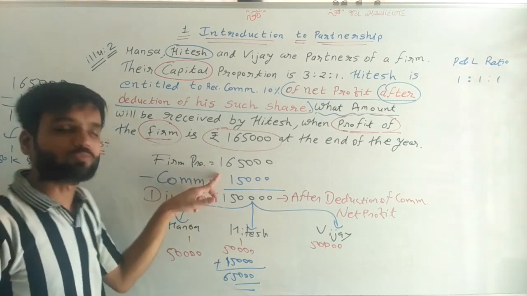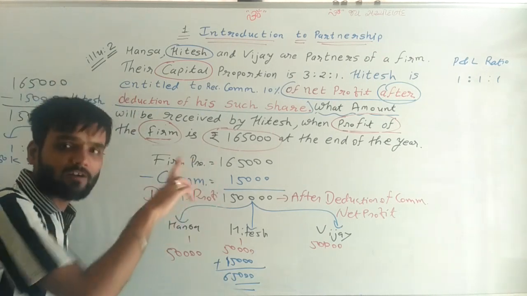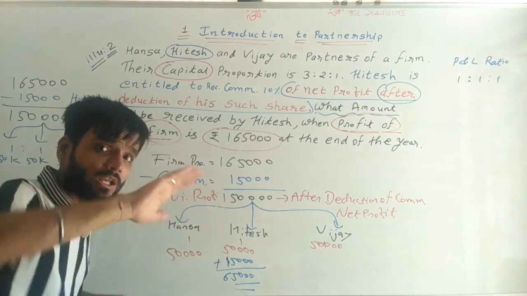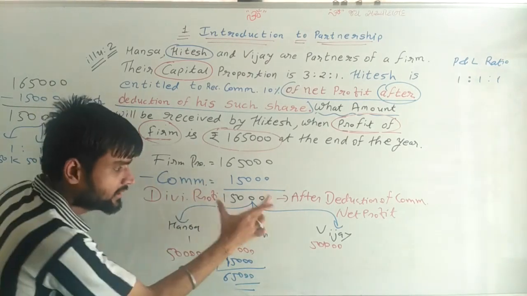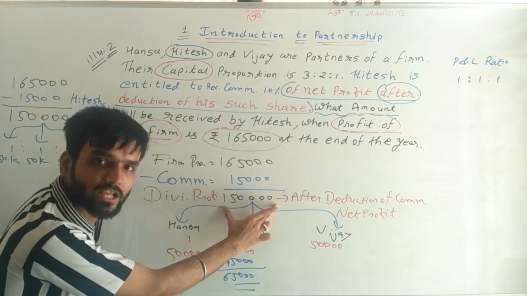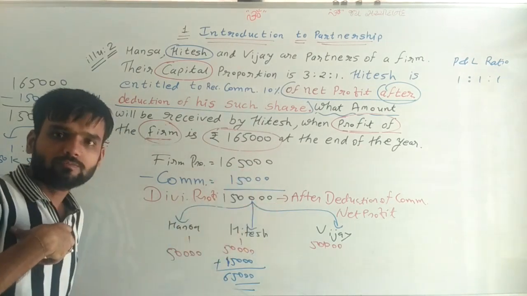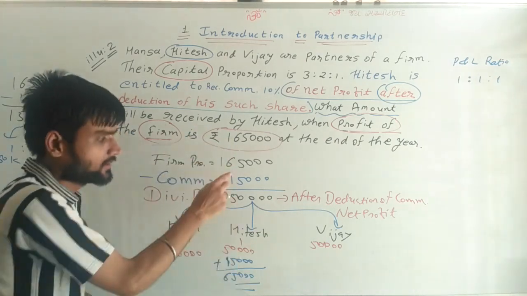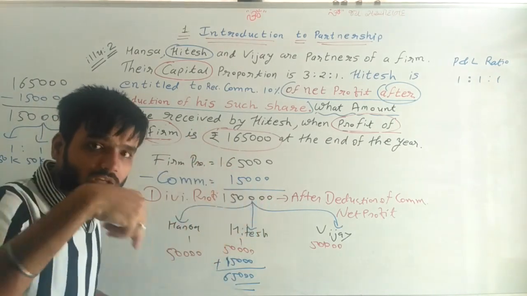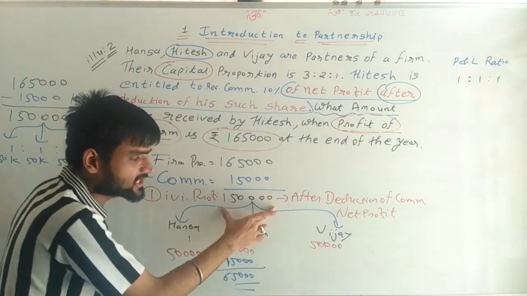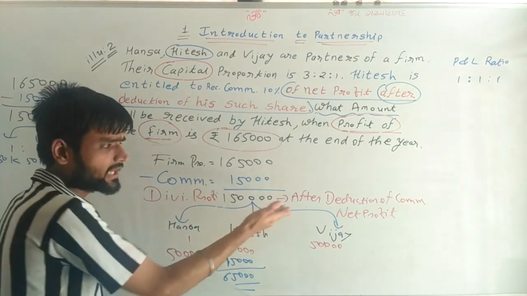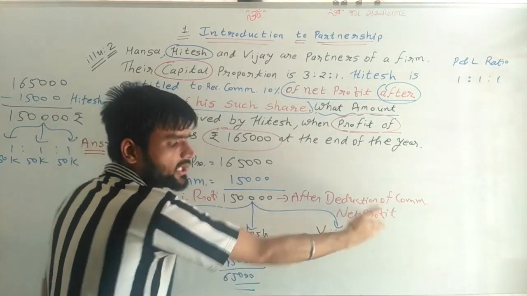Sir, first of all, the firm's profit is given. Then we have deducted the commission. After deducting commission, this amount 1,50,000 we have received. So 1,65,000 minus 15,000 after deducting commission, this is my profit, which is called divisible profit. So we can say net profit after deduction of commission.